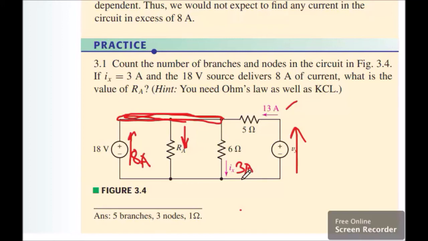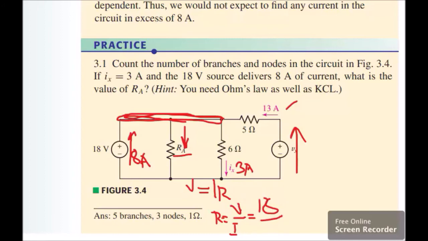At kapag nakuha mo na itong current mo dito, using Ohm's law, which is V is equal to IR, you would get your RA. Okay? Paano ba ang formula ng RA? Because V is equal to IR, and we're looking for R, R is therefore equal to V over I. And V is equal to, kasi nakaparallel siya sa 18, this is just 18.